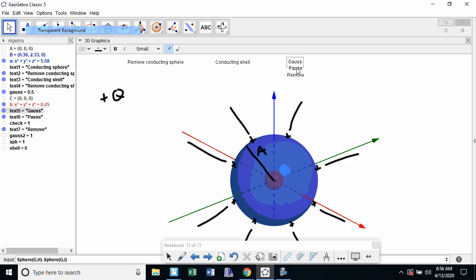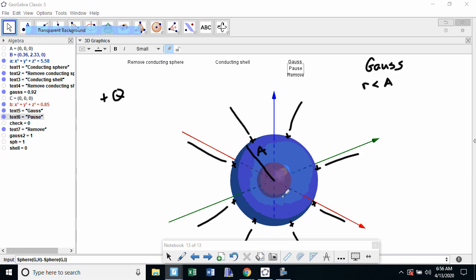You'll notice that when my Gaussian shape is inside of the conducting sphere, you ask, how much charge have I enclosed?